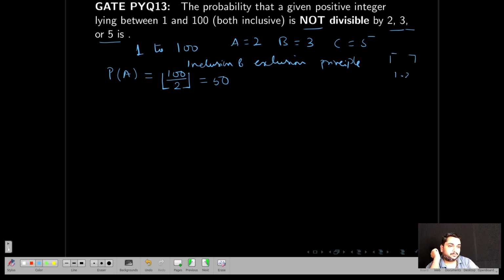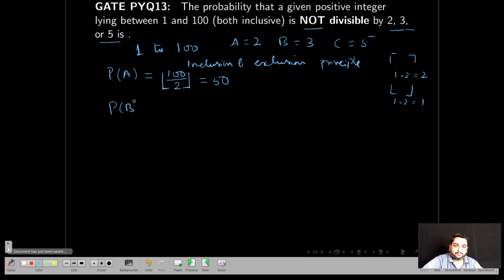If I get 1.2, the ceiling will convert it to 2, and the floor will convert it to 1. Why? Because if it was 50.5, it would mean 101, but 101 is not divisible by 2, that's why I have to ignore it and take the floor function.